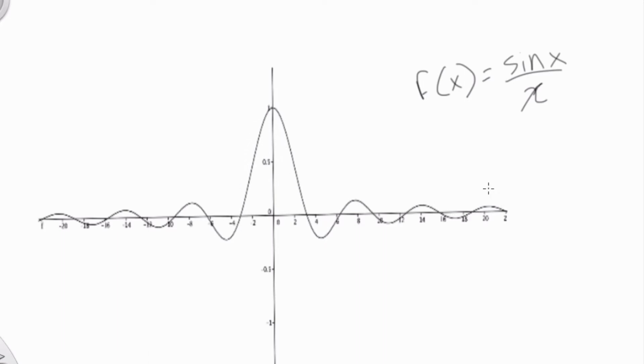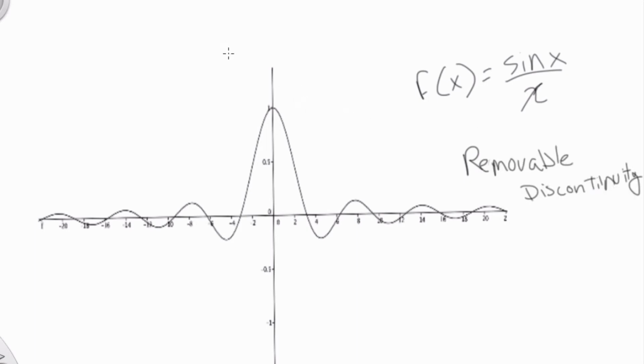I'm not going to have to pick up my pen or pencil. But the thing that you have to notice is that there is going to be some sort of discontinuity because division by zero is undefined. So x cannot be zero here. This is actually a very interesting function because it does have what's called removable discontinuity. So this is an example of removable discontinuity.